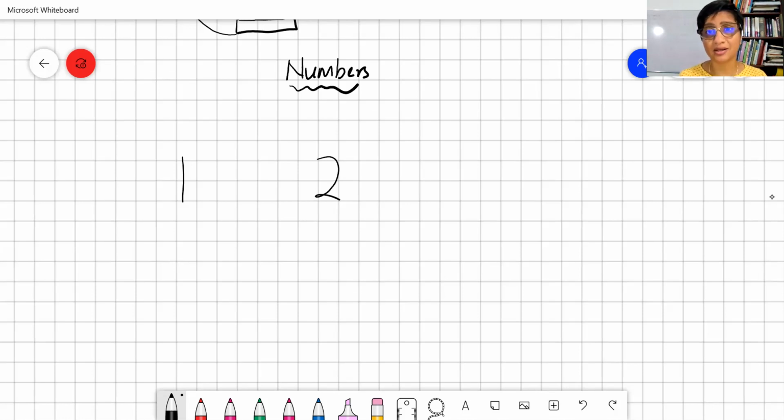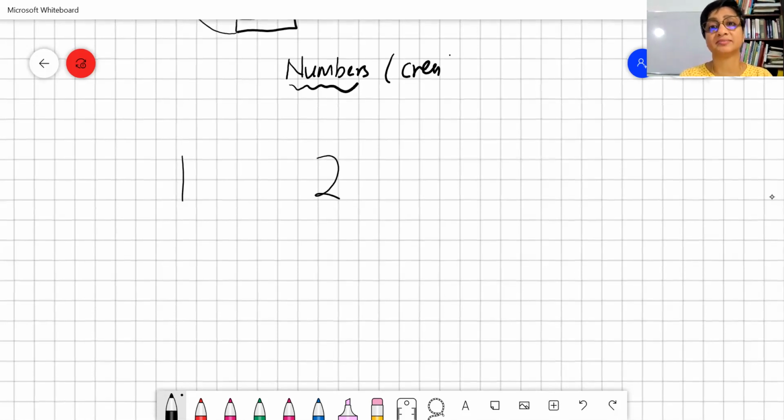because we had a need to do that in the early times. Now, who first came up with this? This is the first type of numbers that we created. This is a creation. It's not there. We created it, and now it feels like it's there. The first type of numbers that we created were counting numbers.